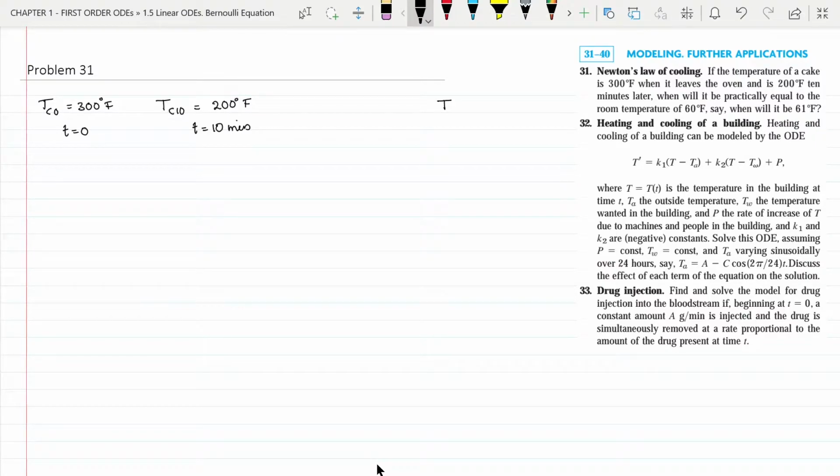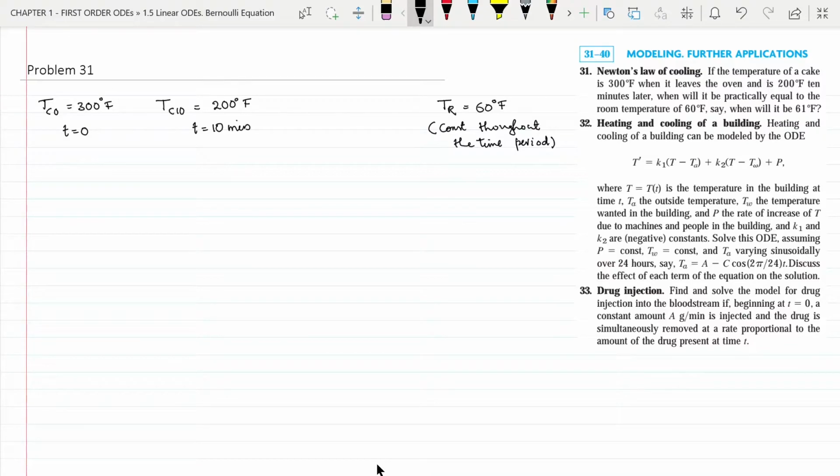Now the temperature of the room has been given, which is 60 degrees Fahrenheit, and the room temperature has been considered constant throughout the time period. Since the temperature of the room is lesser than the temperature of the cake, the cake is losing heat to the surrounding.